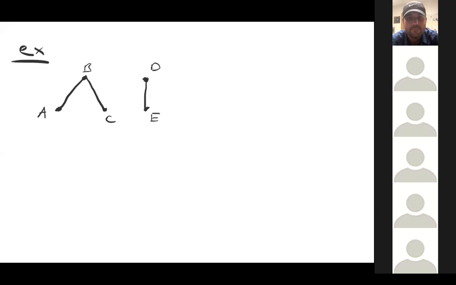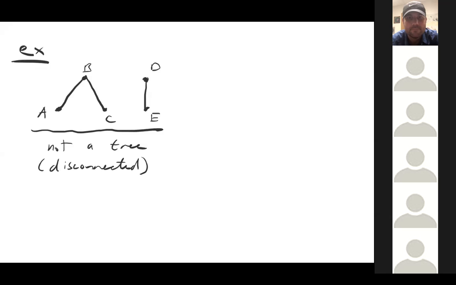Remember that a tree has to be connected and it has to have no circuits. And the answer is what? Is it a tree? No. Why? It's not connected. Good.